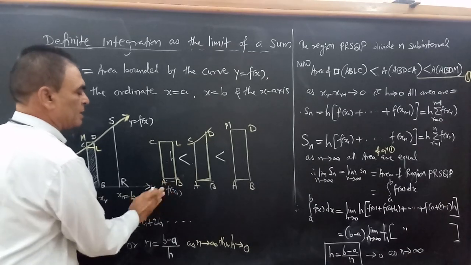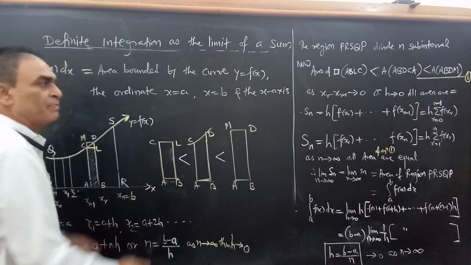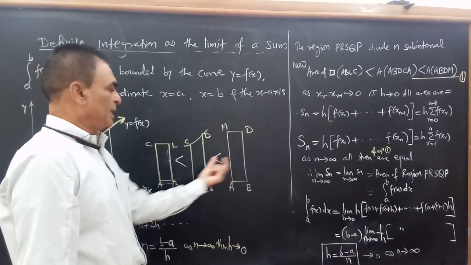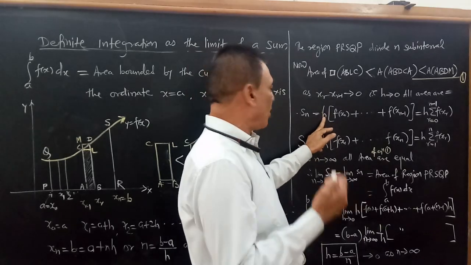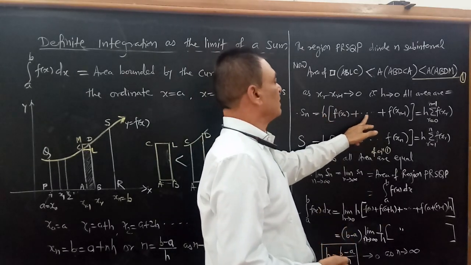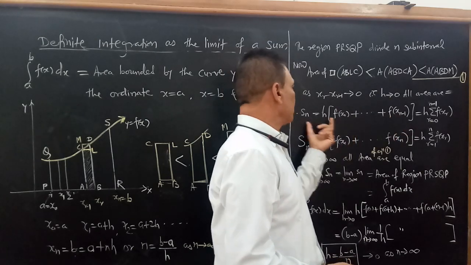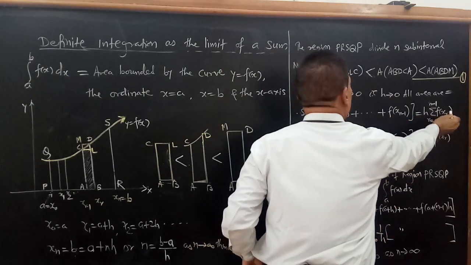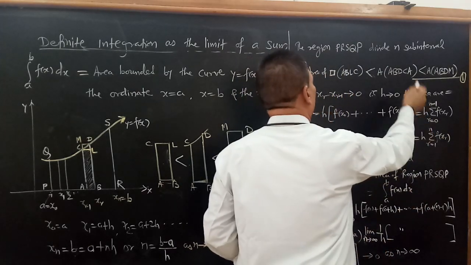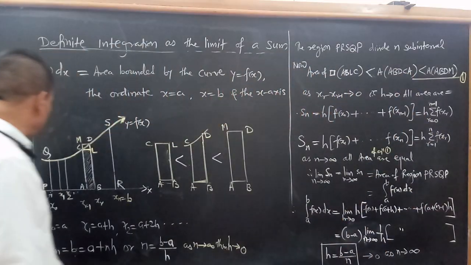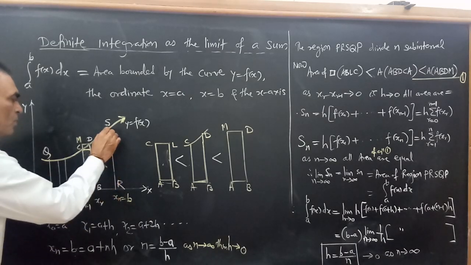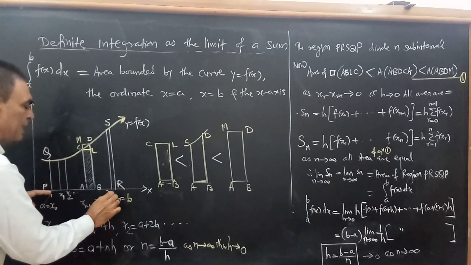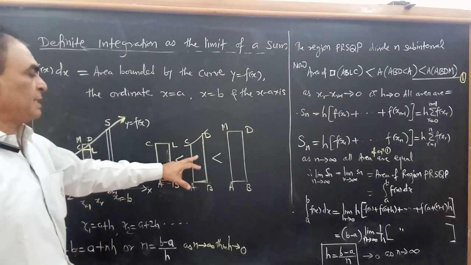Total area is h into f of x naught plus f of x1 up to f of x n minus 1, that is h into summation of f of xr, r goes from 0 to n minus 1. I am considering the initial value because it is the smaller rectangle, so initial values up to the last value xn minus 1. This is the required area.